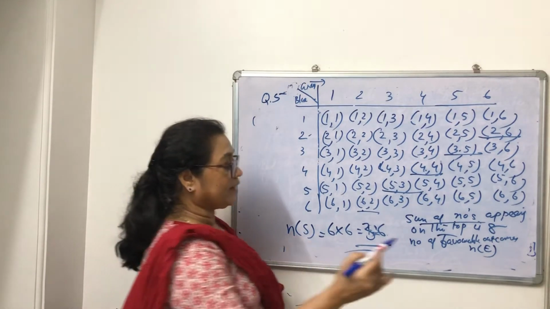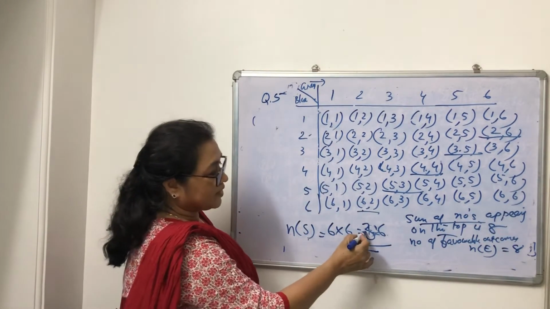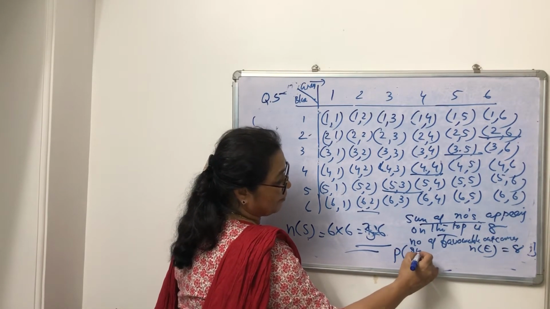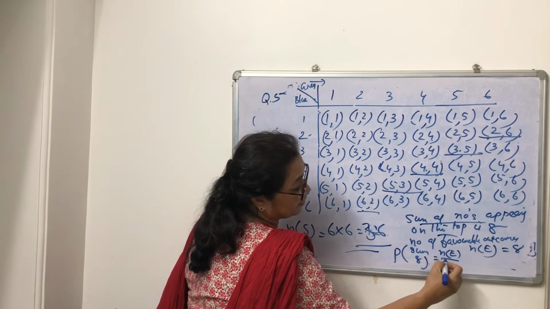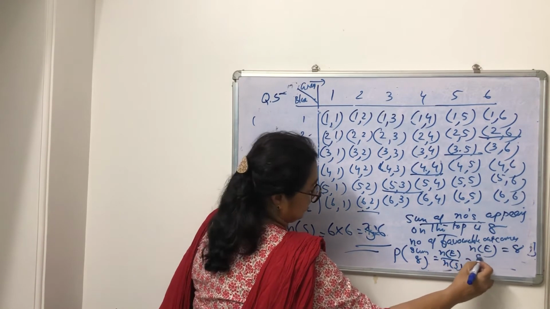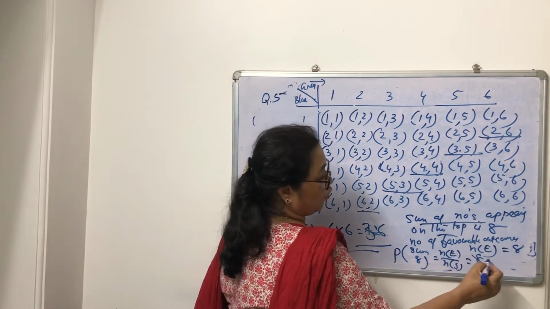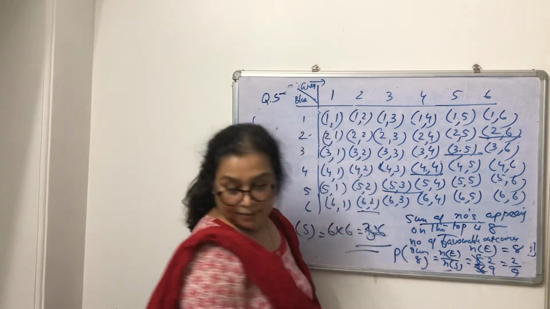So NE is 5, and the number of possible outcomes NS is 36. Therefore P(sum 8) is NE by NS, that is 5 by 36.